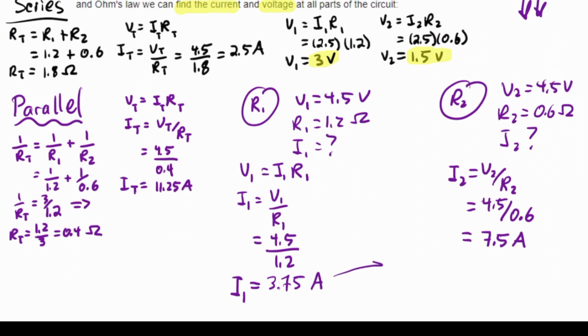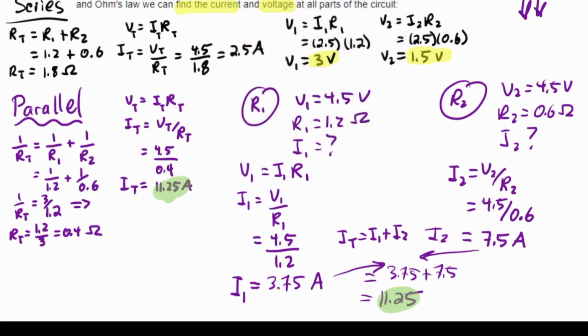Let's just confirm that these add up to the total we're expecting. So total current is I1 plus I2, 3.75 plus 7.5. And oh look, that gives us 11.25, which matches our answer from earlier. So that's a pretty good indication that we did this calculation correctly because our numbers are in agreement.